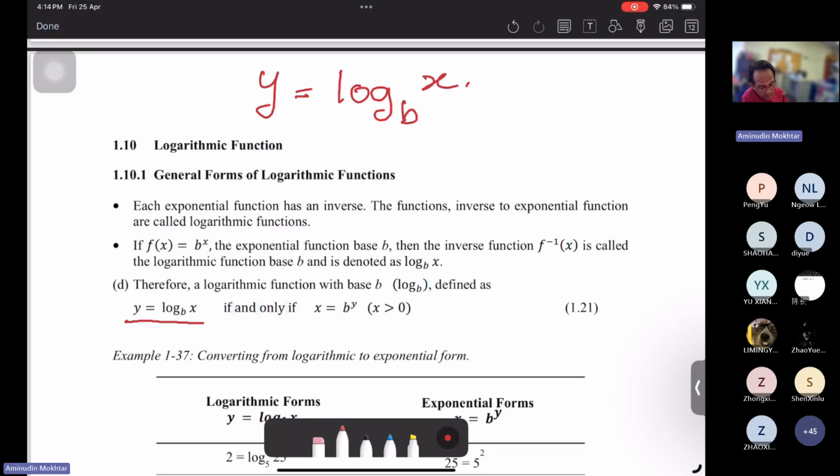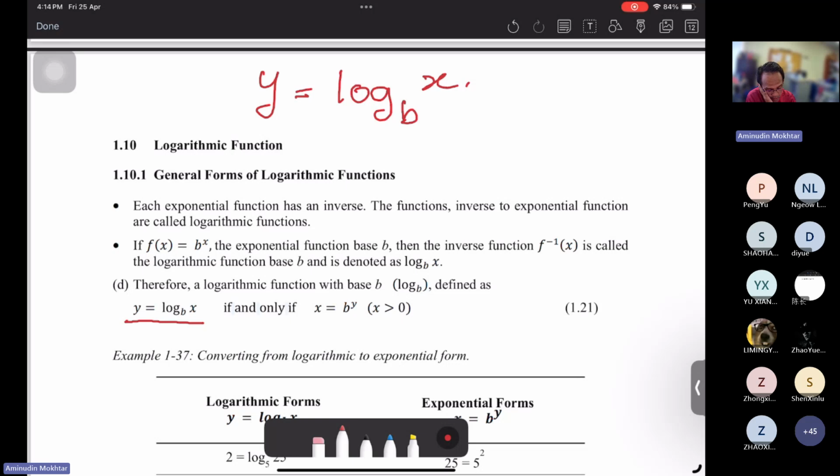Basically, there is a relationship between log and exponential.